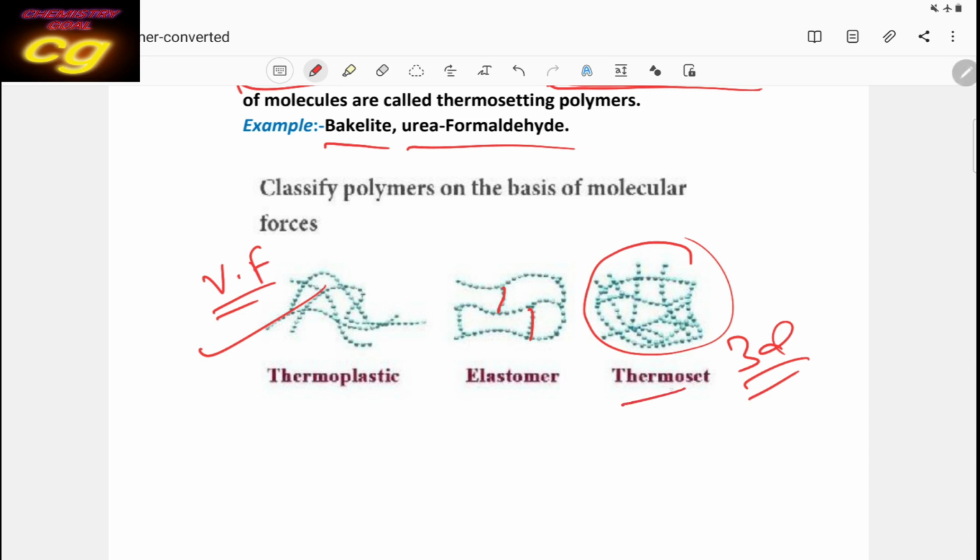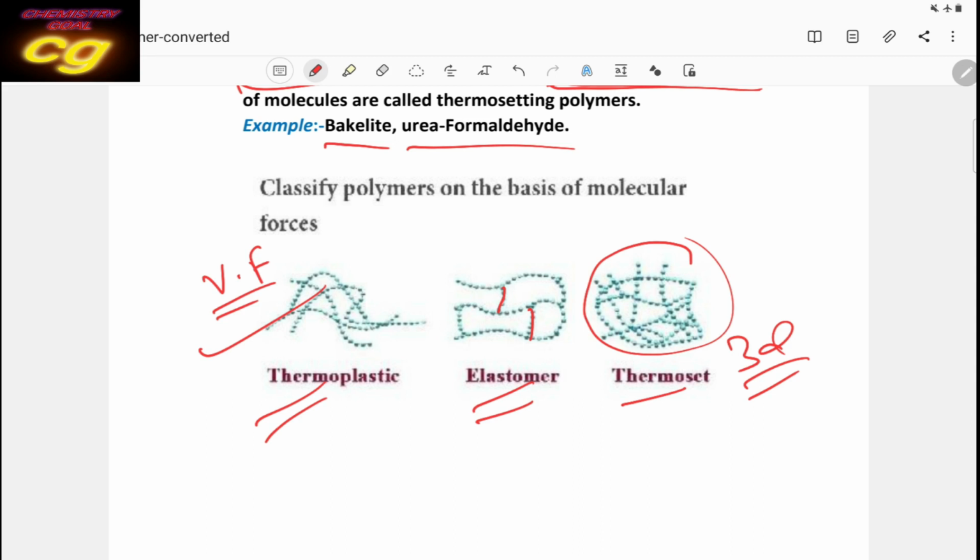In elastomers, the force is very weak. In thermoplastic, the force is also van der Waals force, but it is stronger than in elastomers. So the weakest force is in elastomers, and stronger is thermoplastic, then fiber, then thermosetting.